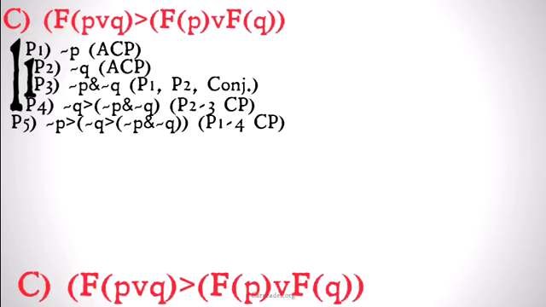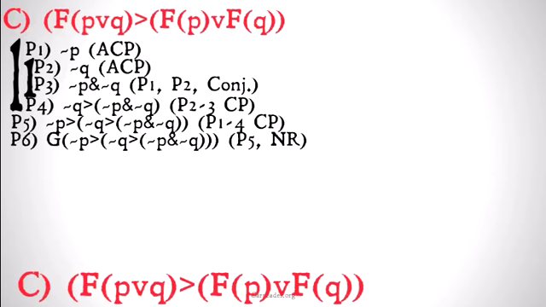Once we jump out of that, we get not P implies not Q implies not P and not Q. 1 through 4 conditional proof, which should make a little bit more sense.